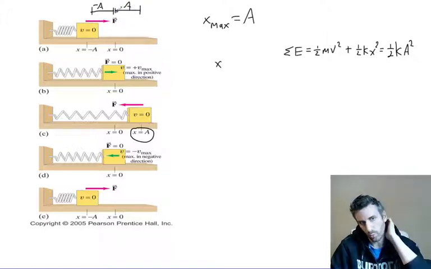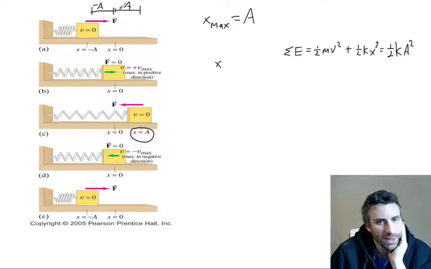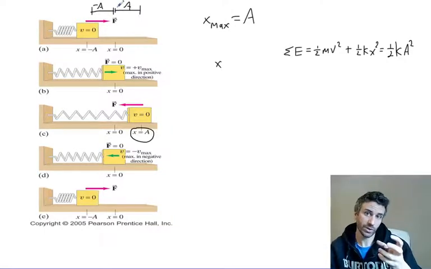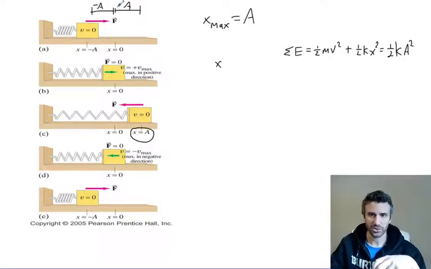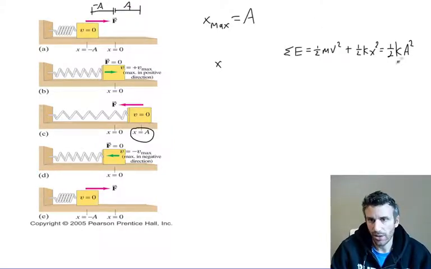So one direction versus the other. But if it is specifically completely off to one side, the kinetic energy is 0, it's all built up into potential energy, then of course we can say that that potential energy, when it's at its maximum displacement, is equal to the total energy it has at any other time.